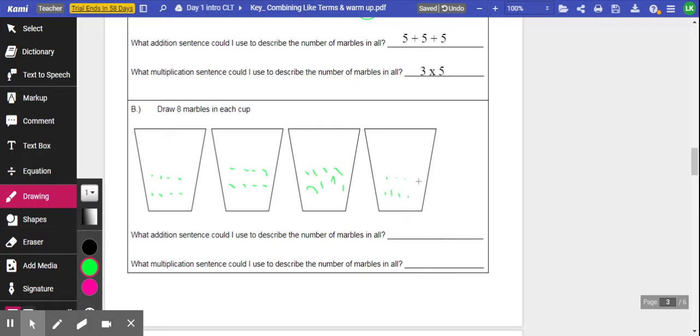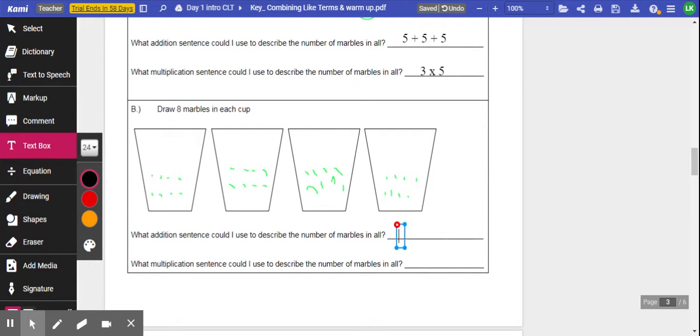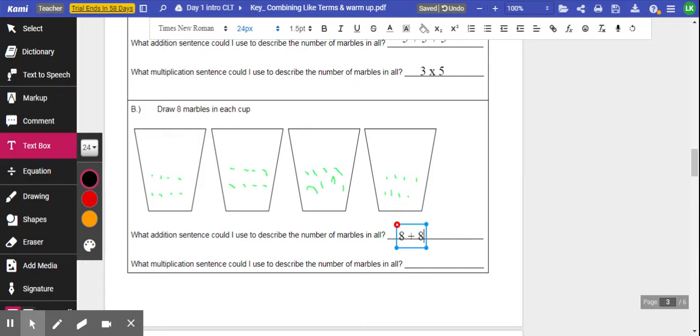Make those ones a little bit bigger so you can see them. Okay, so I've got 8 marbles in each of the cups. How many cups are there? 1, 2, 3, 4. So what addition sentence could I use to describe the marbles now? I can use 8 plus 8 plus 8 plus 8.